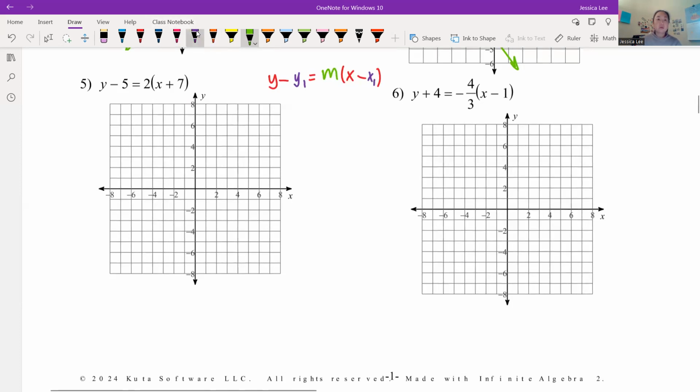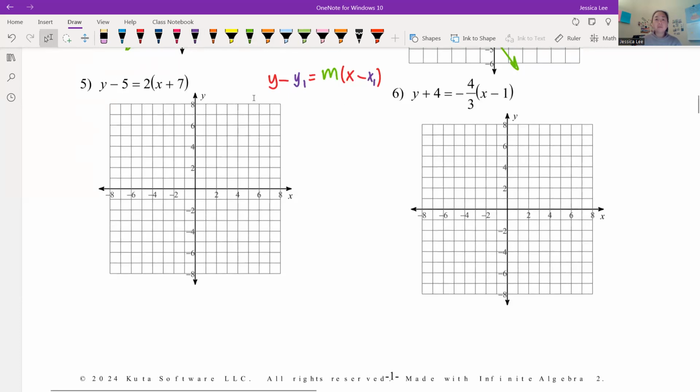Oops. Let me do it. Let's see. Oh, it's thinking right now. Okay, so while we're waiting for it to figure itself out, the x coordinate is going to be over here next to the x.